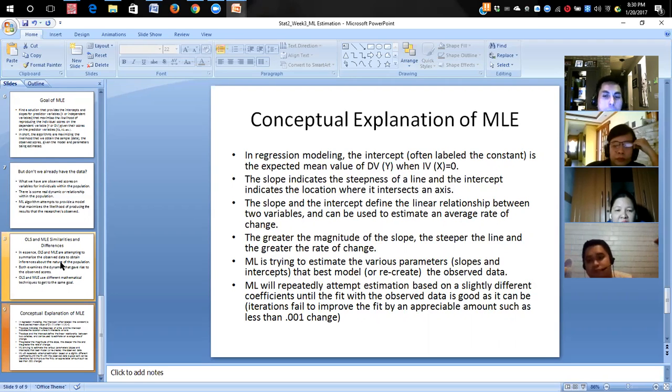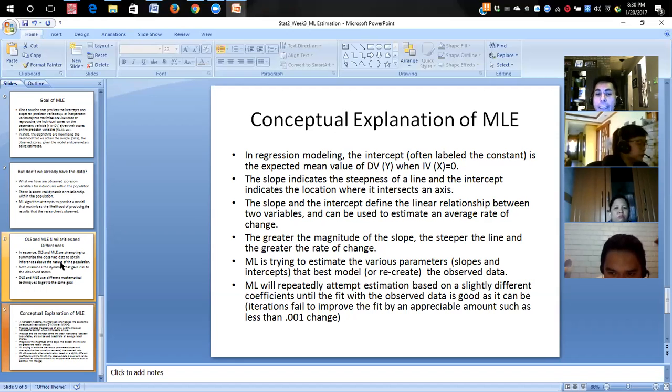What that literally means is that there's an algorithm in maximum likelihood estimation, as I've mentioned. And the algorithm is that unless the change is greater than 0.001, it will keep on finding another solution.